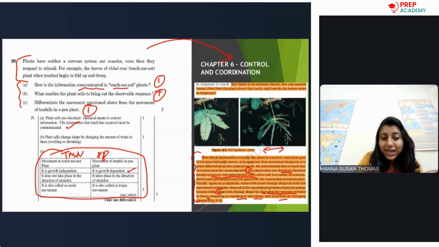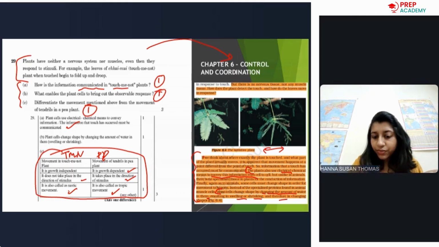It does not take place in the direction of stimulus, and here it takes place in the direction of stimulus. Then it is also called nastic movement in case of touch me not. In case of pea plant, it's called tropic movement. So by listing out all these differences between the movement of touch me not and pea plant, you will be awarded 1 mark.